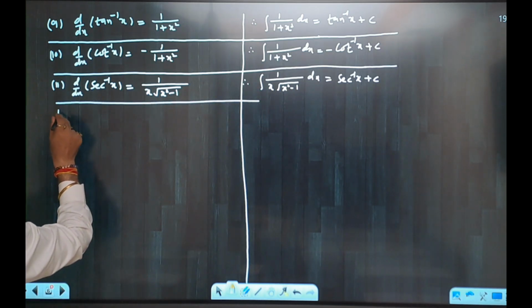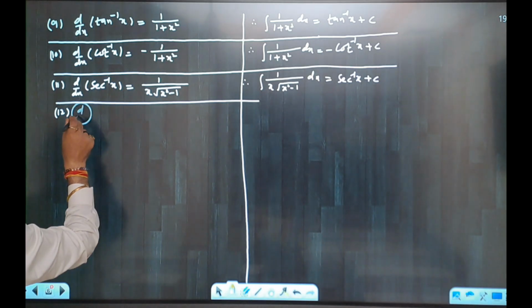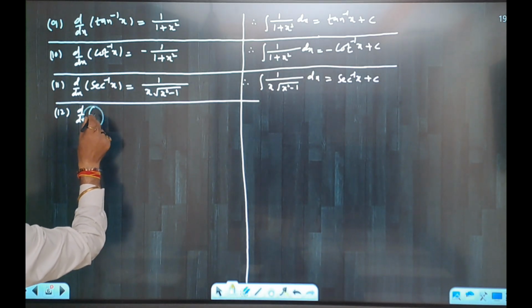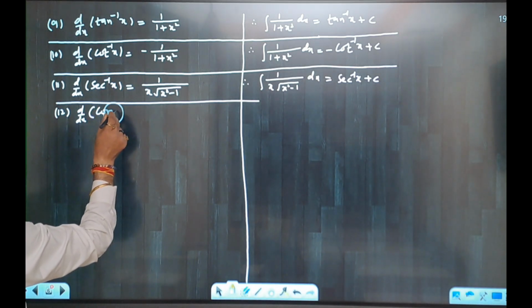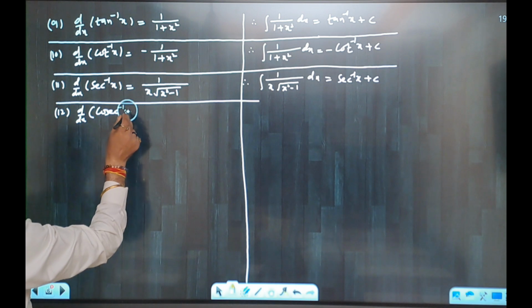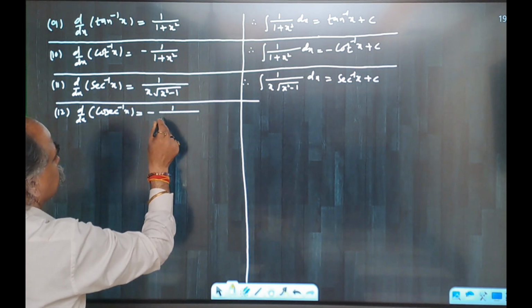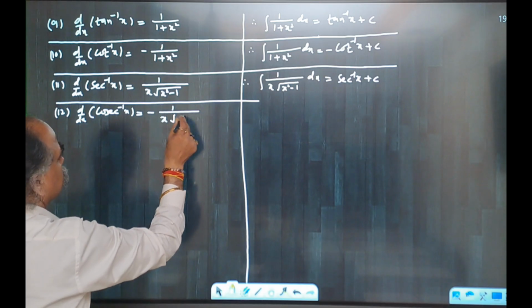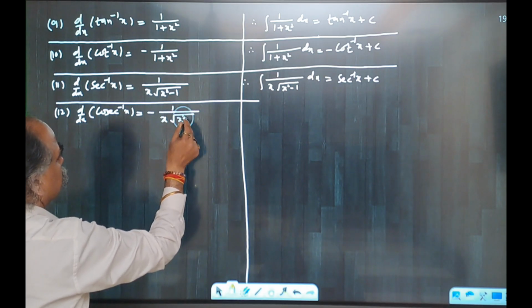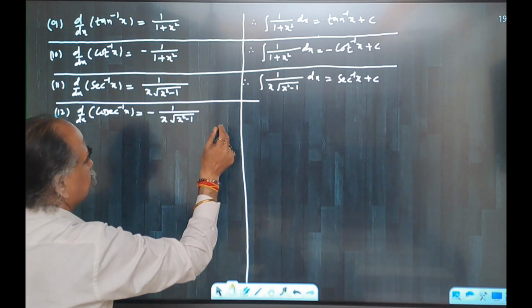Derivative of cosec inverse x is minus 1 upon x root x square minus 1.